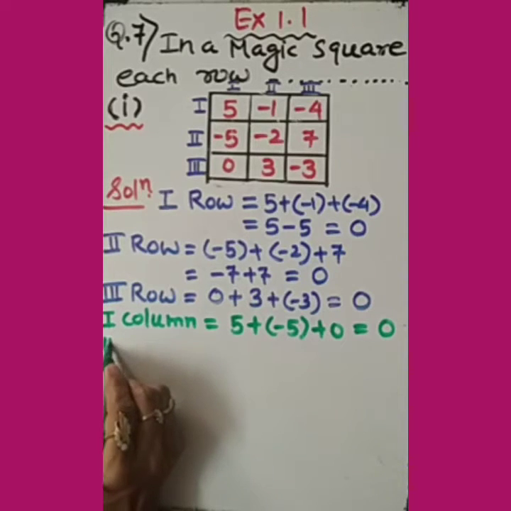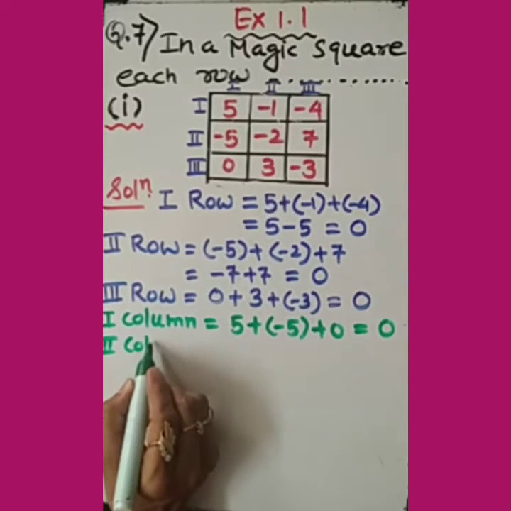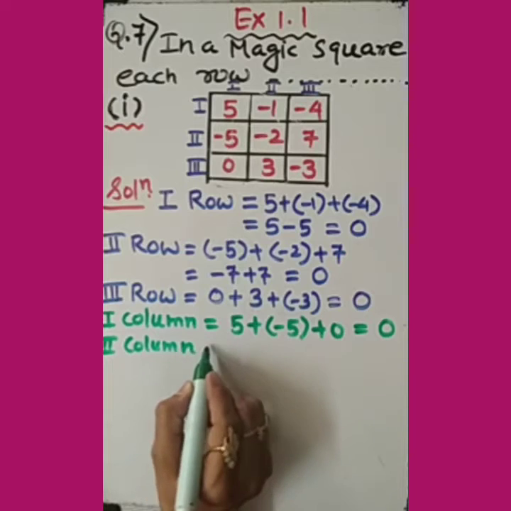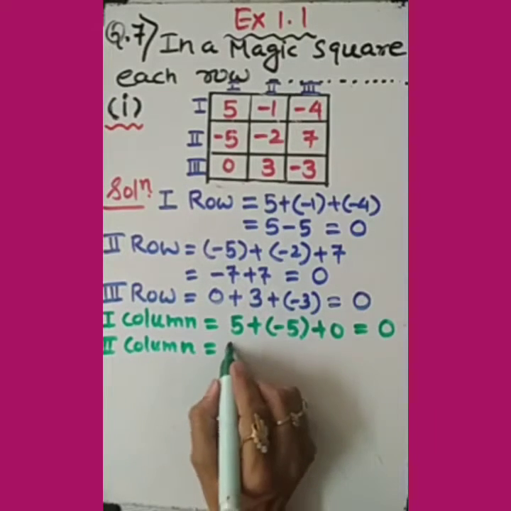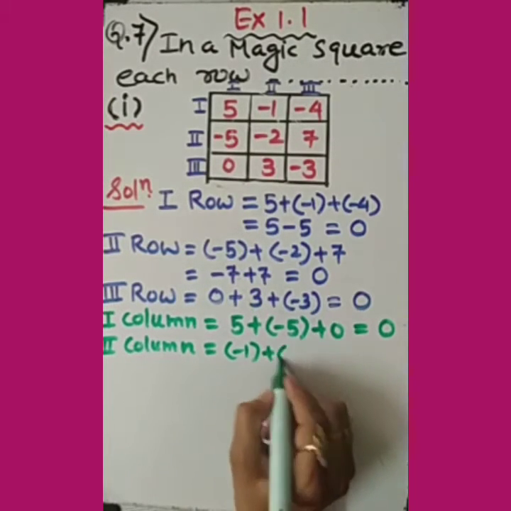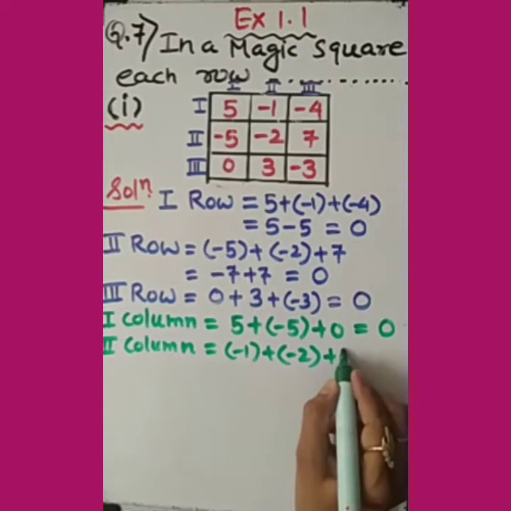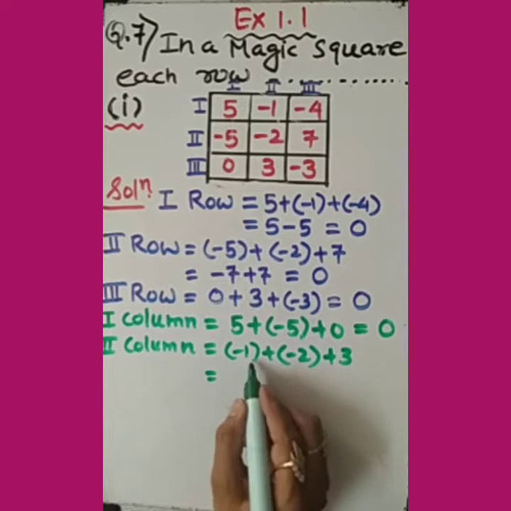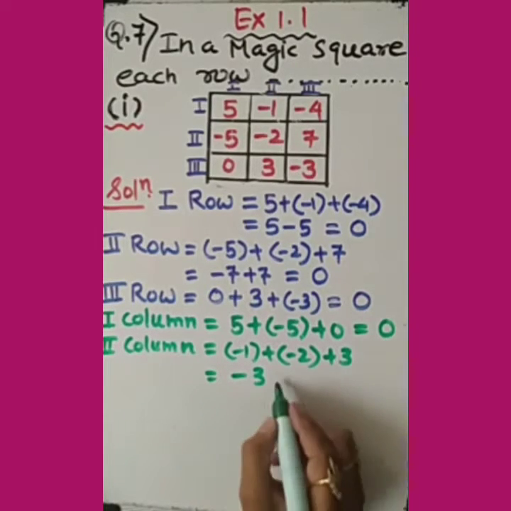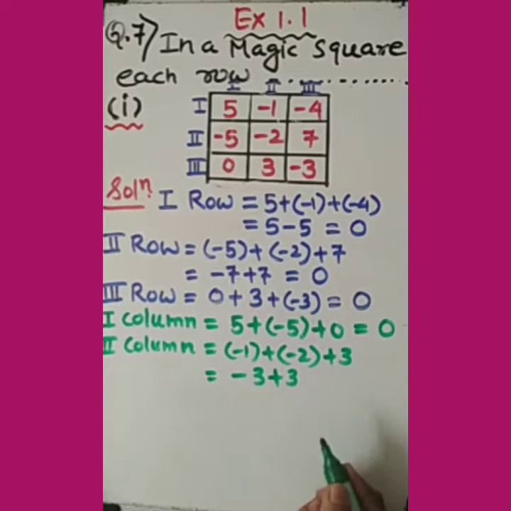Same procedure. Let's work out the second column. Let's see. They are minus 1, then minus 2, and this 3. Fine. So minus 1 minus 2 gives the result minus 3 itself. And this is plus 3.